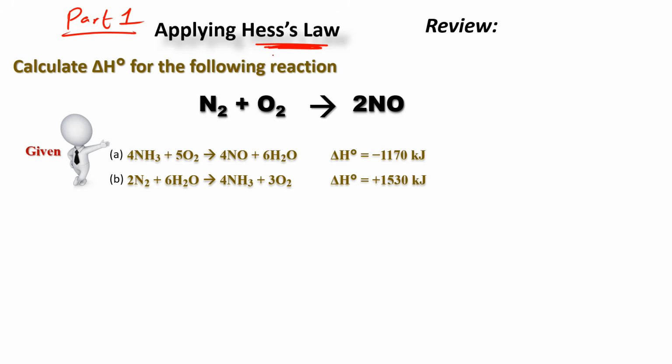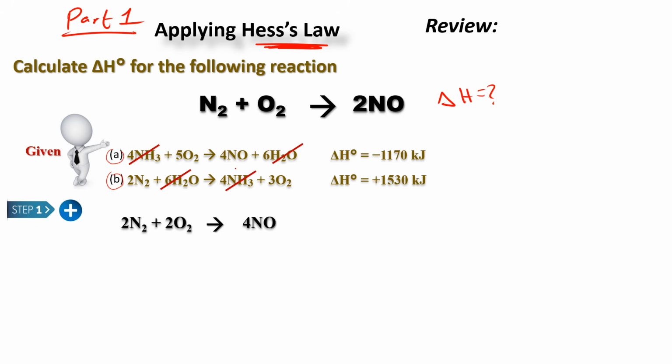We use Hess's law. As you can see here, we have an equation and we want to calculate the delta H, and they will give us two other reactions which we need to play with and then add to find the final delta H. So as you can see, we can just remove the 4NH3 and 4NH3 and 6H2O and 6H2O from here. If we add them, then we'll have 2O2.